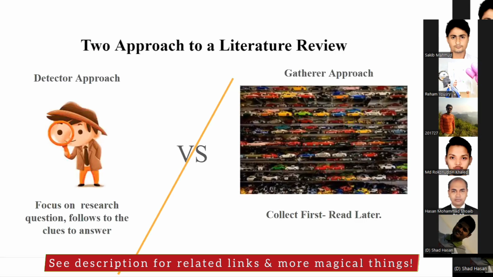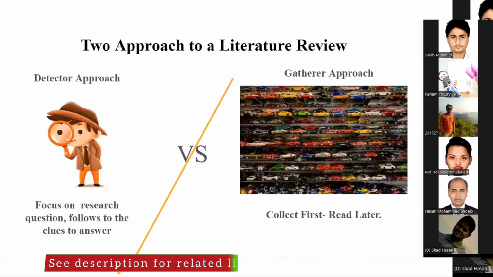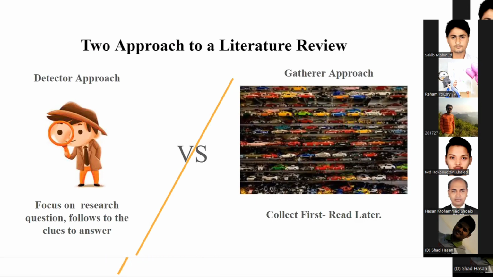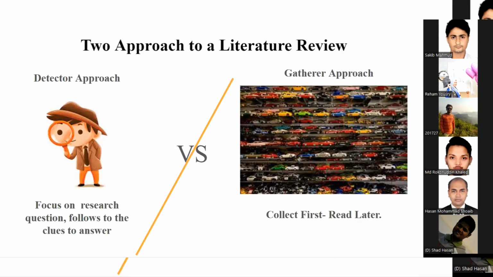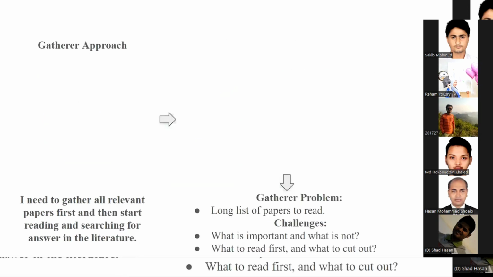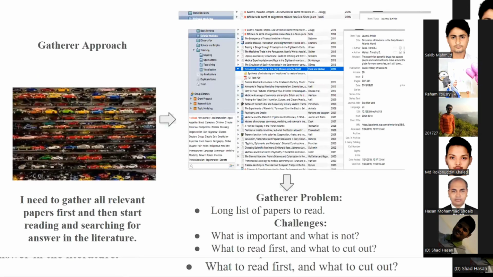In the gather approach, you collect all the relevant information, for example, relevant articles related to the research topic, and start reading step by step and one by one. But in a detector approach, you only focus on the research question, understand your research question, and then find out the relevant information.